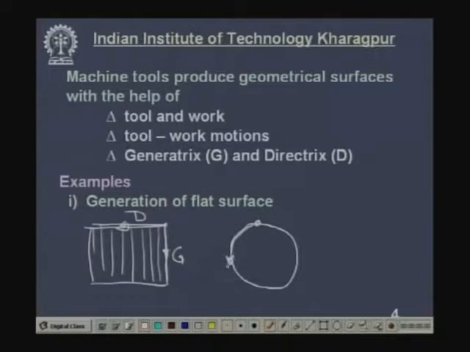Then you reduce the diameter of this circle gradually. That means the circle is gradually concentrating towards the center, moving in this direction. So this is the directrix. The combination of the generatrix, the original circle, and the directrix together will constitute the surface.